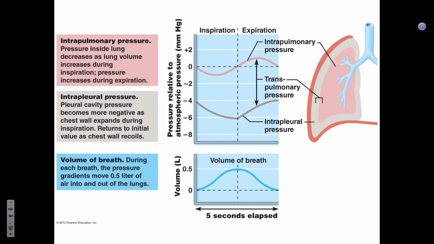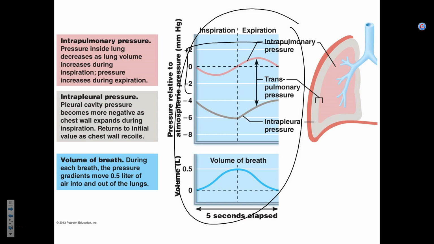Now this graph here shows you the dynamics of the inspiration and expiration and the pressure in inspiration and expiration. The upper graph shows you intrapulmonary pressure. It makes perfect sense, really. Intrapulmonary pressure, pressure in the alveoli, what we call pressure in the lungs, becomes lower as we inspire, and at the end of inspiration it is equal to the atmospheric. Then as we expire, pressure in the lungs increases.